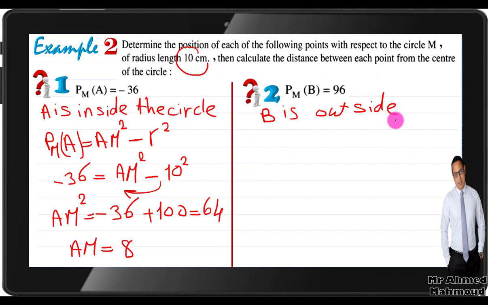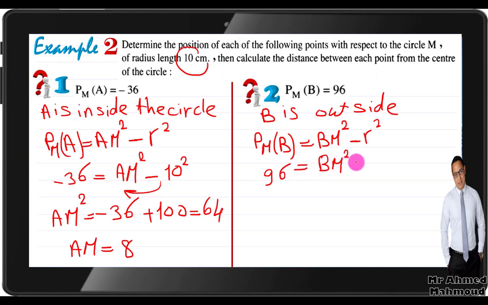Okay, outside the circle, and P of B with respect to M equals BM power of 2 minus R power of 2, so 96 equals BM power of 2 minus 100, or 10 power of 2.